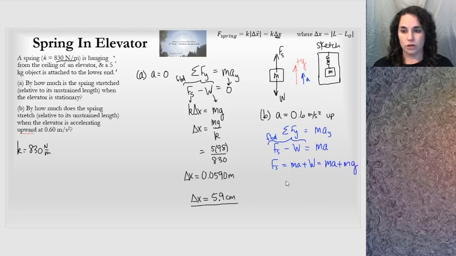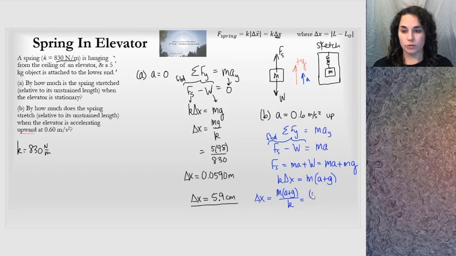Well, if I simplify, the spring force is k delta x, and that will equal, I'll factor an m out of this side, a plus g. To solve for the displacement, I get delta x equals m times (a plus g) over the spring constant.